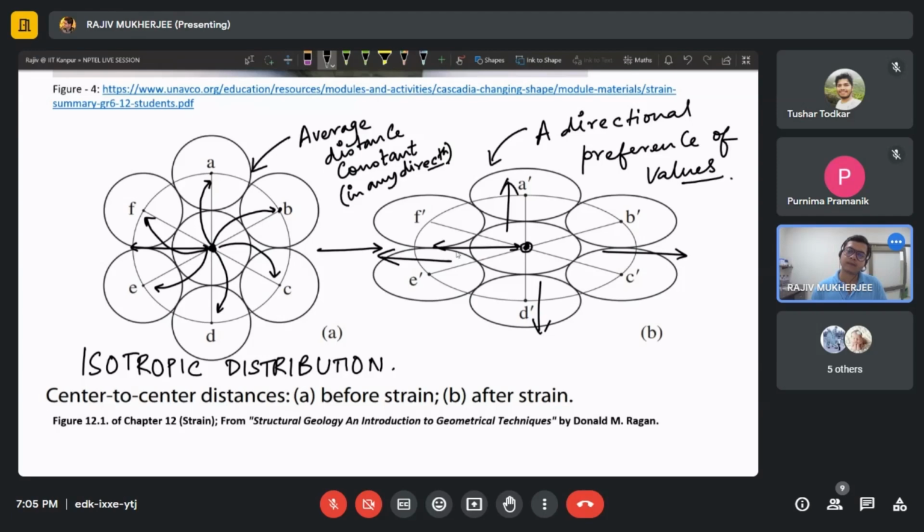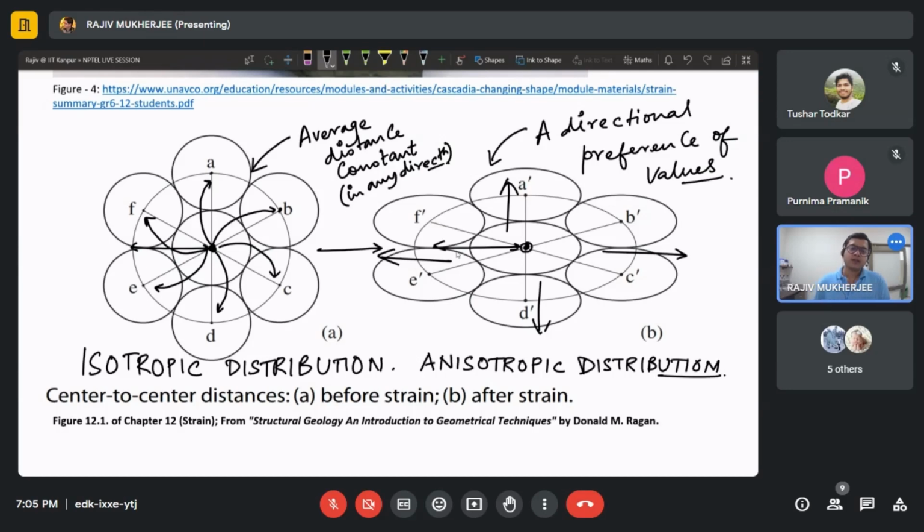And in this case we say it is an anisotropic distribution.